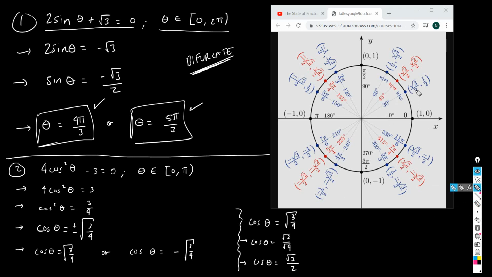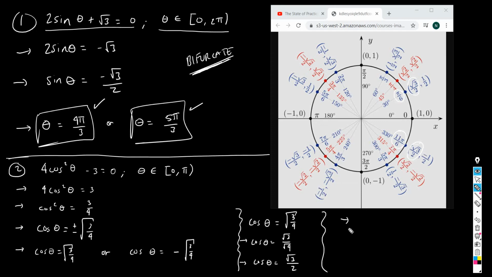Let's see. Here's one for an angle of pi over 6. Okay, I keep looking. Here's another one for an angle of 11 pi over 6. So I have two possible solutions for this particular equation.